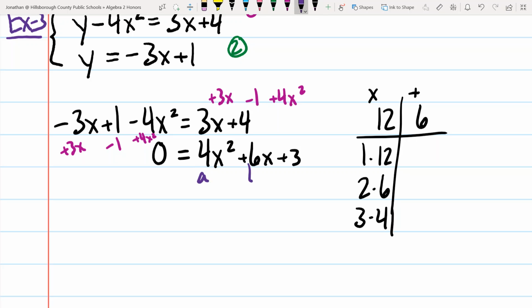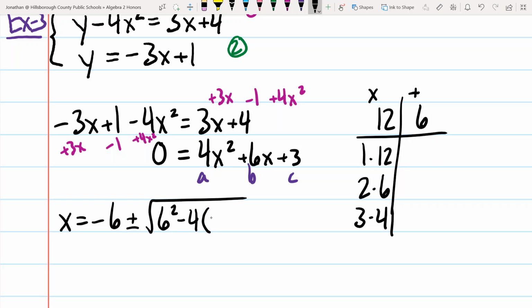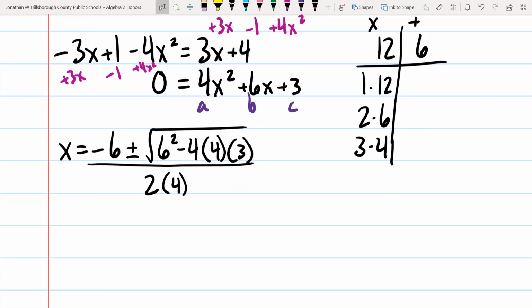So A, B, and C. So x equals negative b plus or minus the root. Okay. X equals negative 6 plus or minus the root.